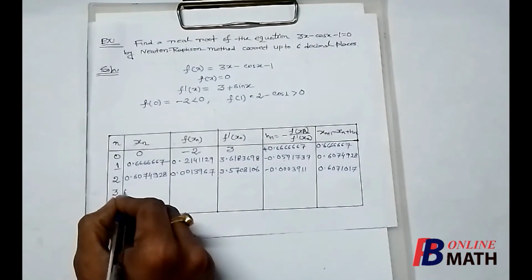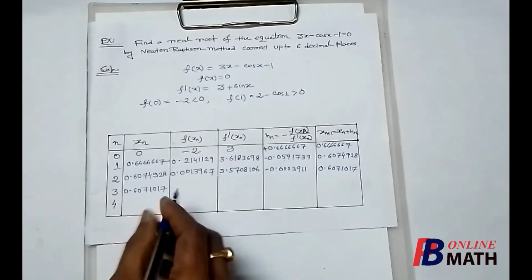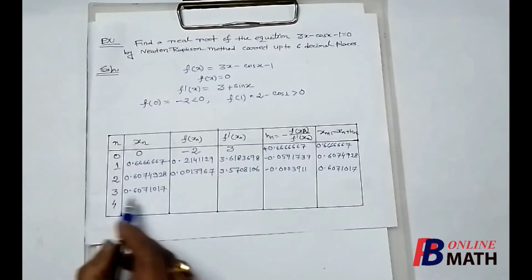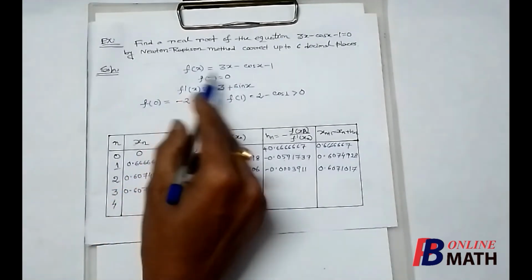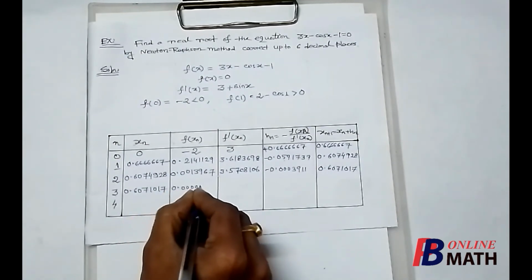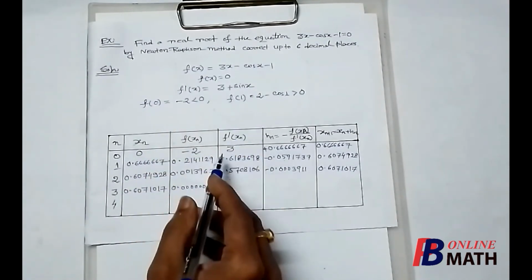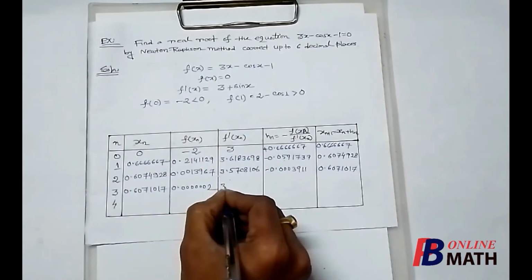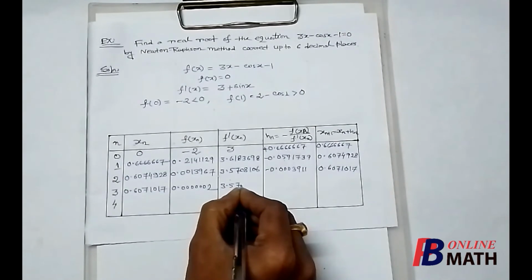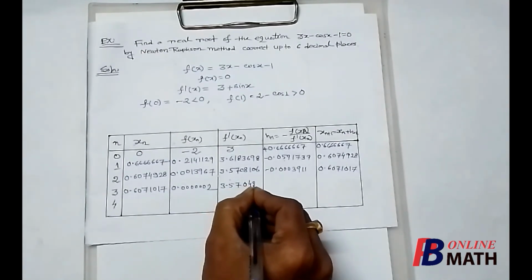So it is 0.6071017. Now if we apply this value as xn, then f(xn) will be 0.0000002, and this value f dash xn will be 3.5704895.